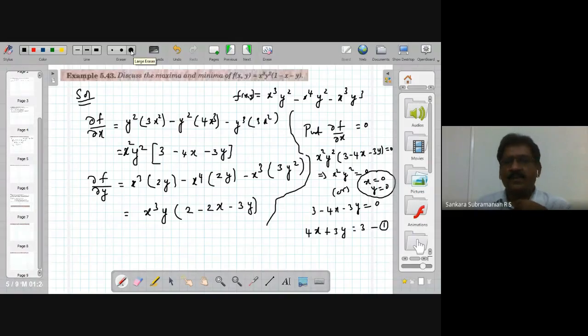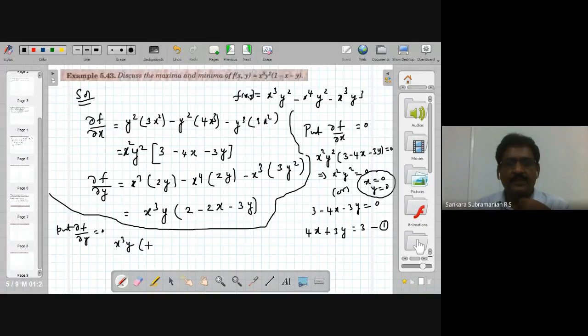So what happens if you put dou f by dou y equal to 0? This is the condition. If you put that, we get x cube y into 2 minus 2x minus 3y equal to 0.